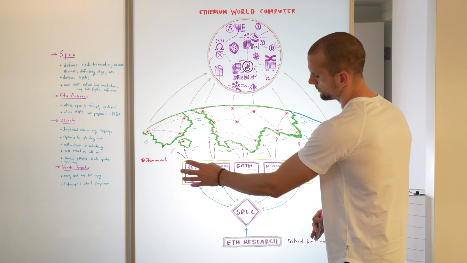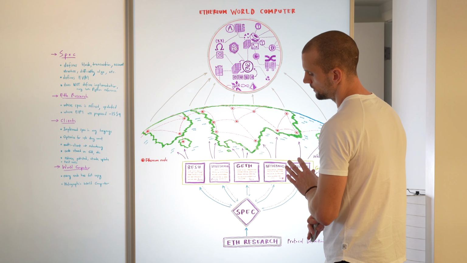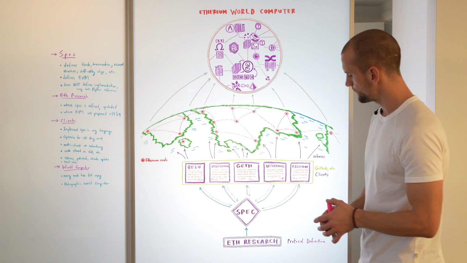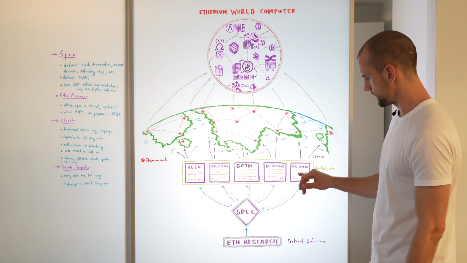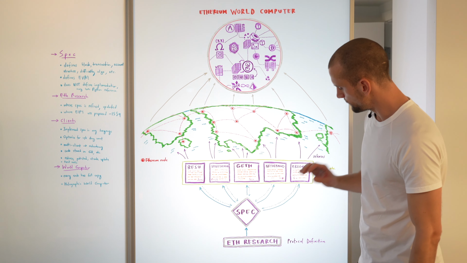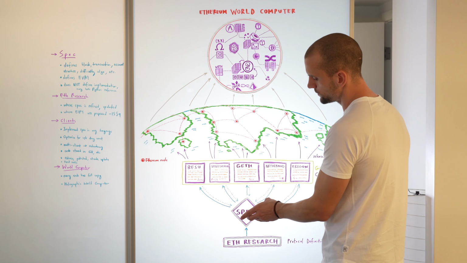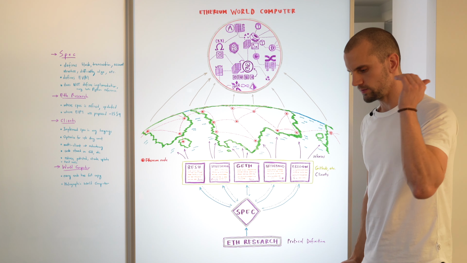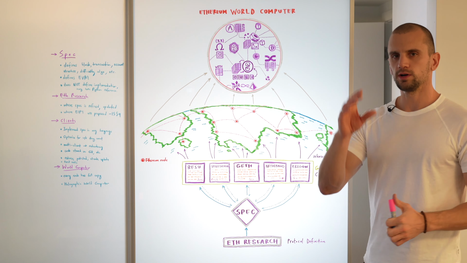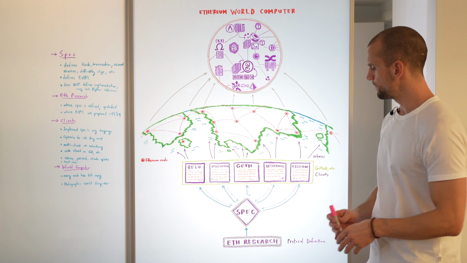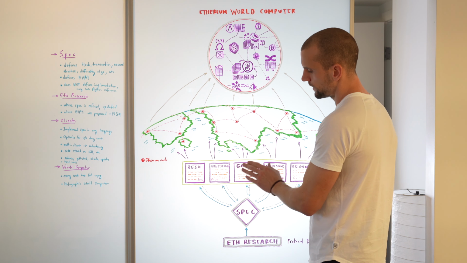Which client they're running shouldn't matter. One thing I didn't mention about the clients is they're all implementing the spec, but the spec tells you the EVM has to function in a certain way and the blocks have to look like this and whatever. But exactly how you do that doesn't matter.